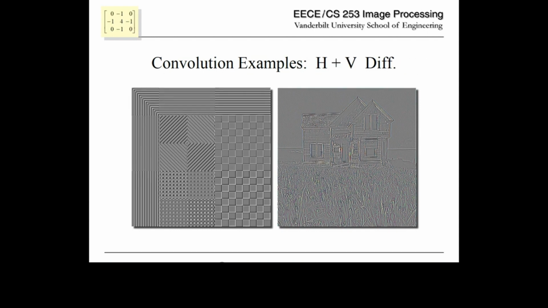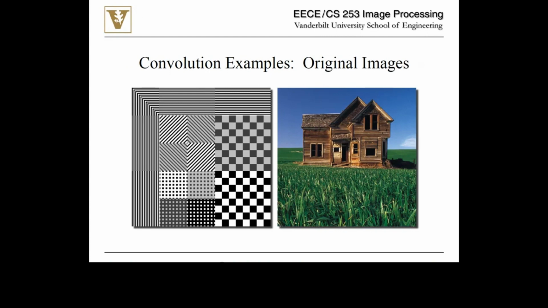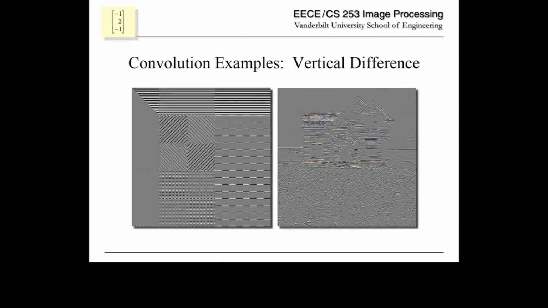So those jumps here are translated into these small dots. But otherwise, in the rest of the area, I'm blind. I cannot see those because they are aligned with my kernel. My kernel is not computing any derivative there.